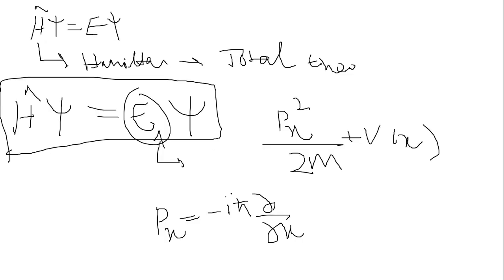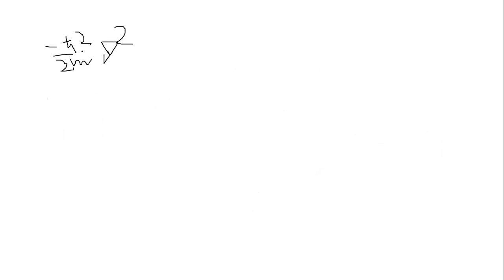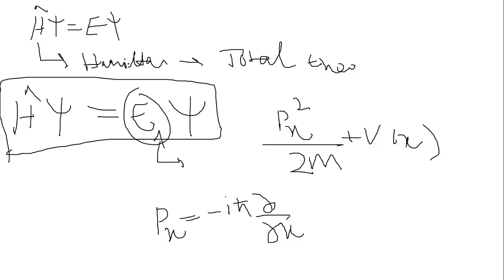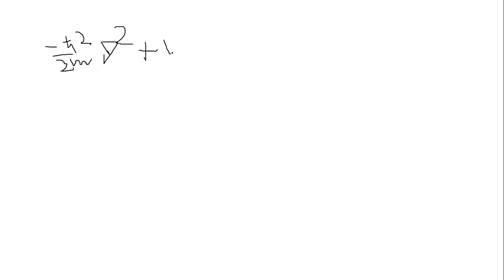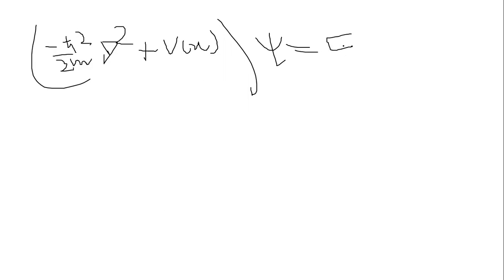So the Hamiltonian will be minus h cross square by 2m del square by del x square plus V of x, operating on psi, which will give you some value with psi.